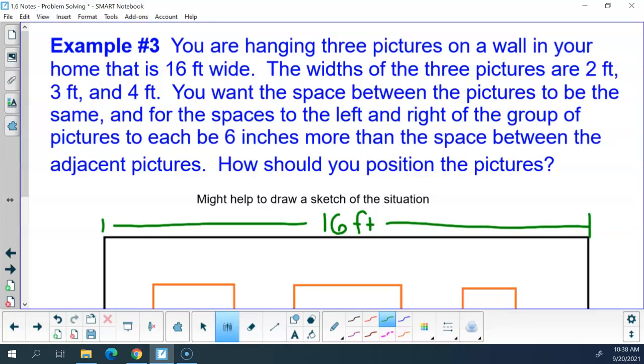Okay. What else do we know? We know the width of each picture. Okay. So what else do we know?